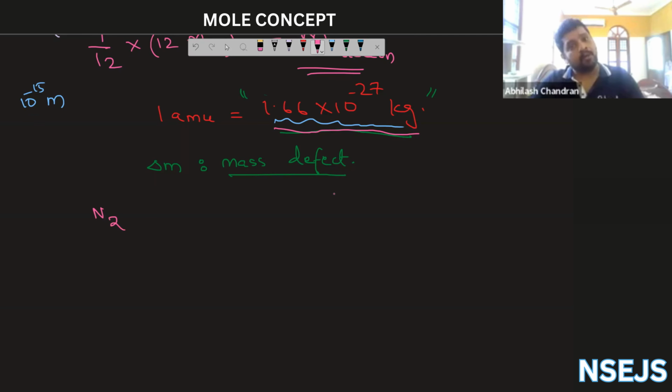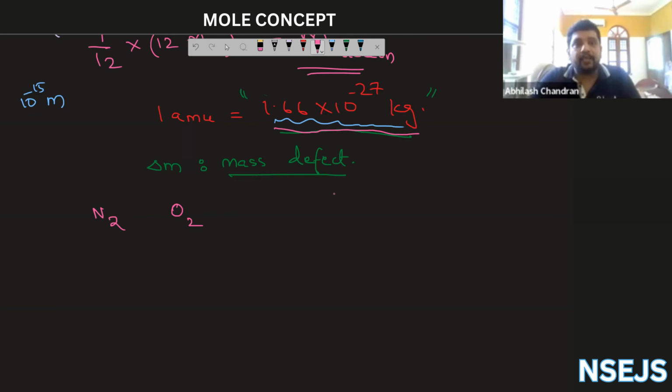N2 is the molecule of nitrogen, two atoms of nitrogen combined to each other. O2 is the molecule of oxygen, two atoms of oxygen combined to each other. So whenever I'm speaking about any quantity of air, I'm definitely not talking about 10 molecules or 20 molecules. We are speaking about a large quantity, right? A real life quantity will always be significantly larger than just one molecule or two molecules.